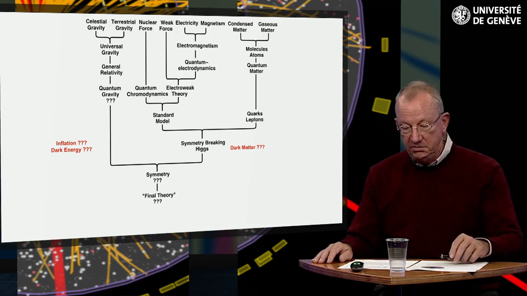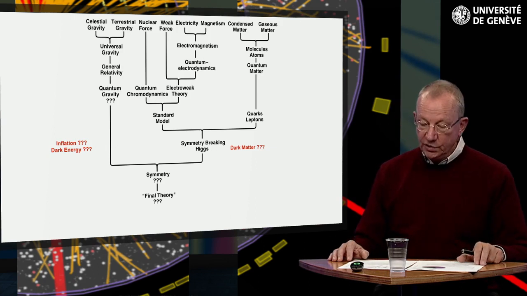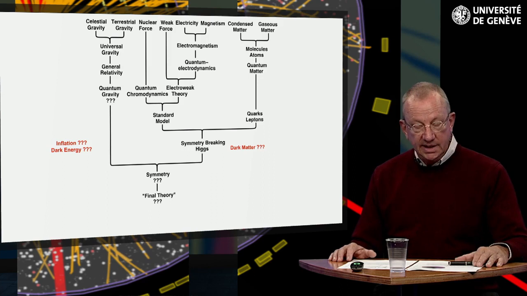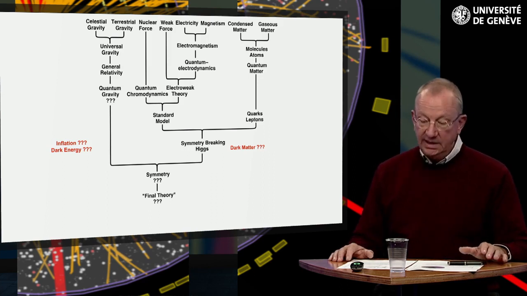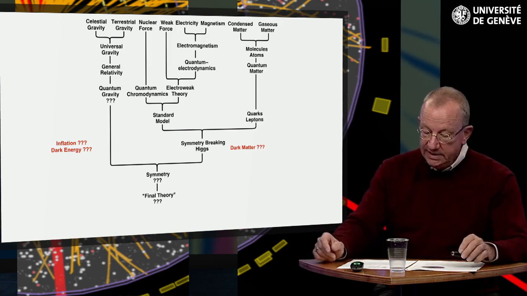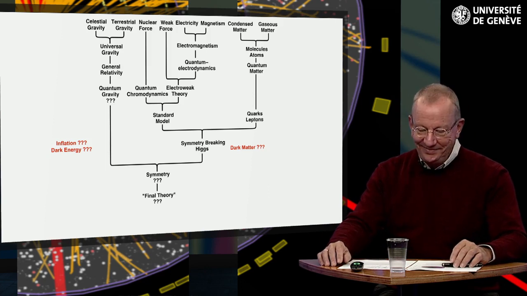Unknown ingredients, dark matter on the side of matter, dark energy and inflation on the side of forces, clearly indicate that much of the universe remains to be discovered. And in addition, even how to integrate gravity into our microscopic model of the universe is far from clear. This leaves enough work for future generations of physicists, and why not you?